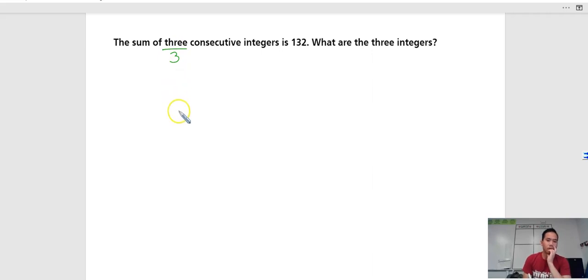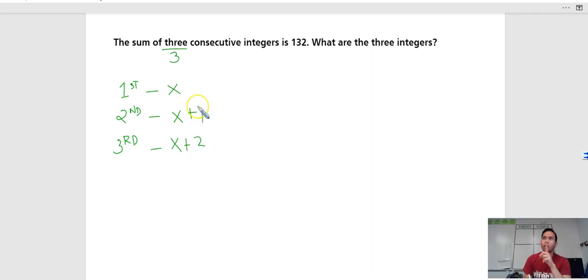So they are consecutive, meaning the first integer will be represented by x. The second integer, because they are next to each other, is x plus 1. And the third integer will be x plus 2.